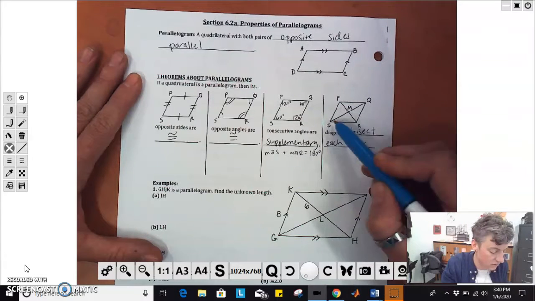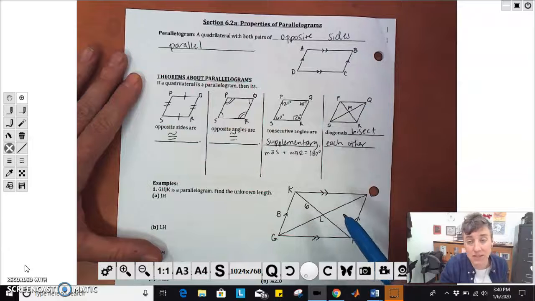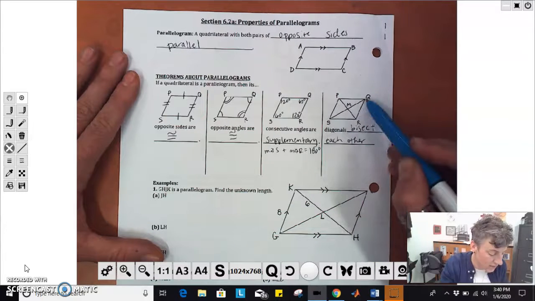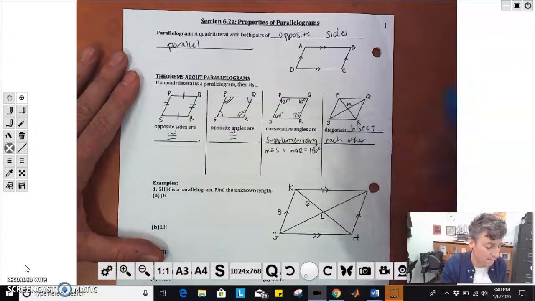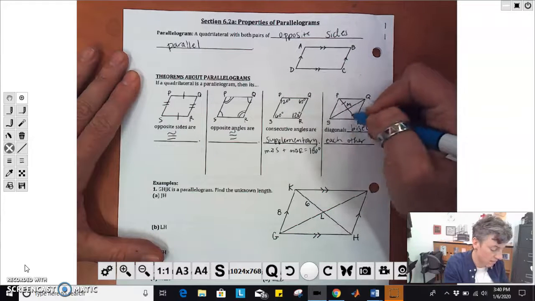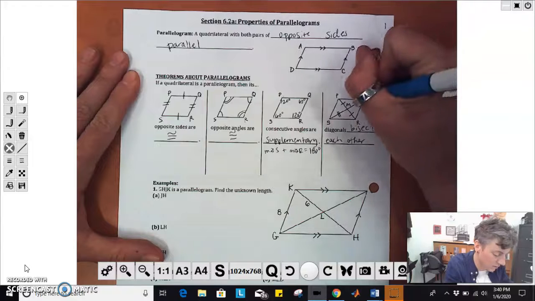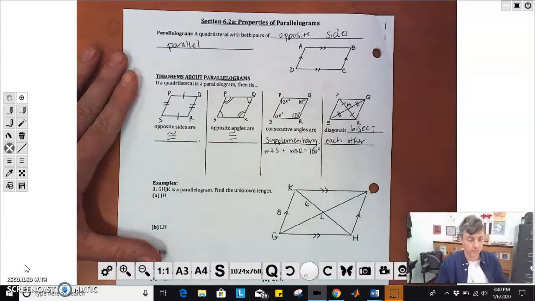And this diagonal splits this diagonal perfectly in half. So M is the midpoint of both SQ and PR. So PM is congruent to MR, and SM is congruent to MQ.